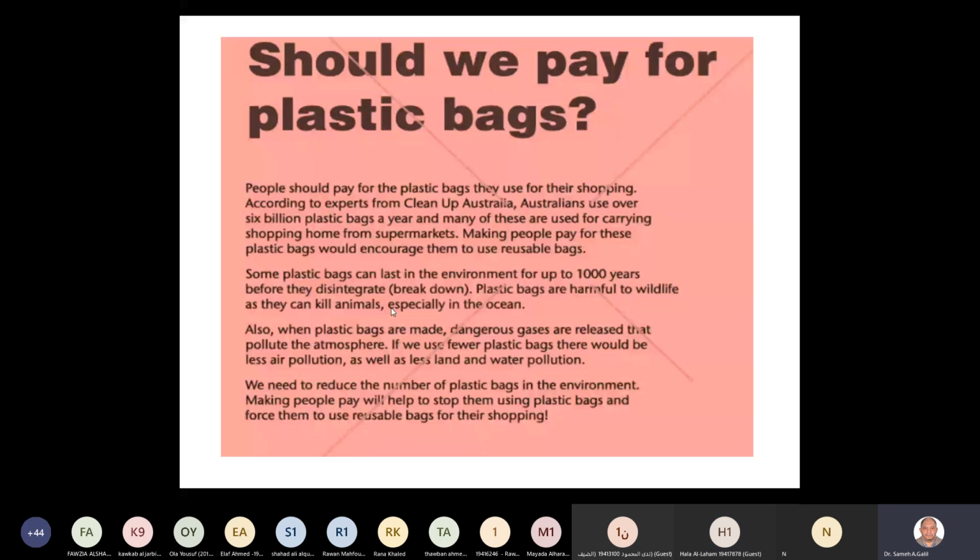I think it's a persuasive essay. Because I see he is explaining something, and here, for example, he says if we use fewer plastic bags there would be less air pollution, and he gives us advice, that we need to reduce the number of plastic bags in the environment.